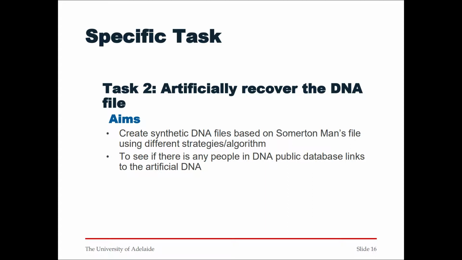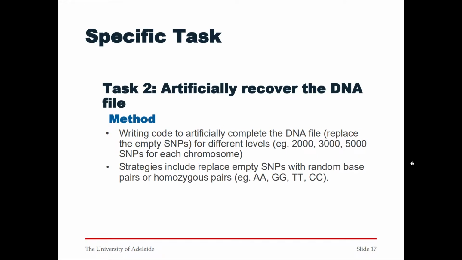The second task is to artificially recover the Somerton Man's DNA so that it can be accepted by GEDmatch to conduct the DNA match service. The recovery work was done by our own developed C++ program. The program replaces a certain amount of empty SNPs with selected base pairs.